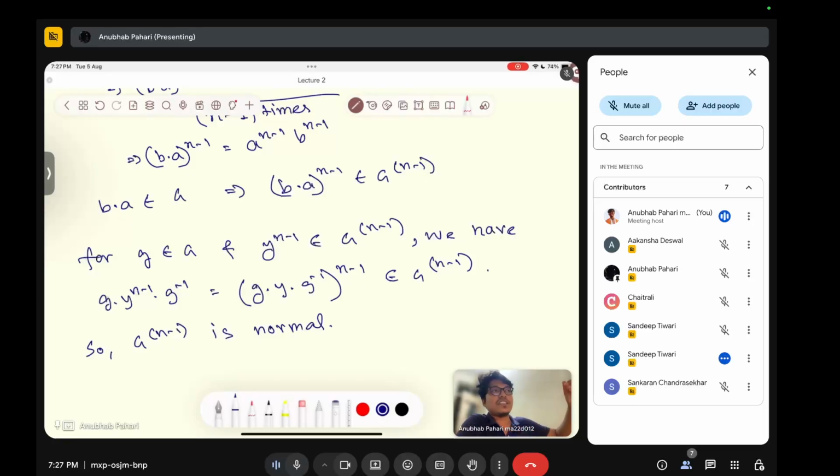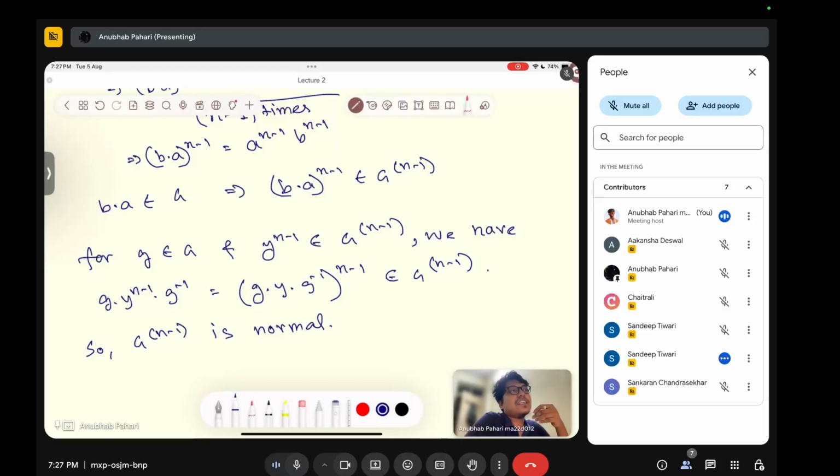Okay, you are saying that if we gradually go downwards, G^(n-1), G^(n-2), G^(n-3), and so on. Yeah, because for n equal to 1 it is true, and we have shown it for n minus 1.